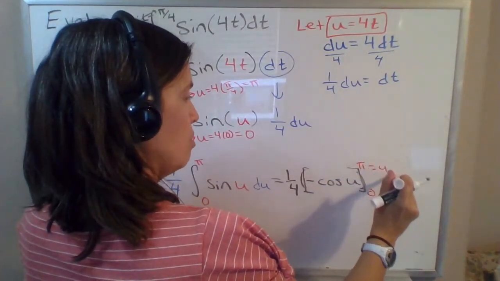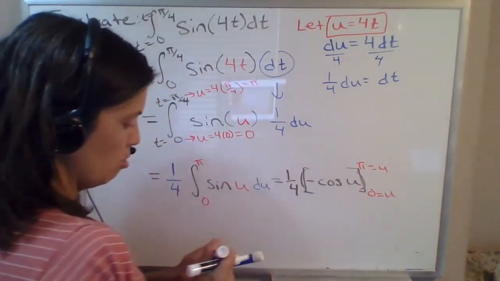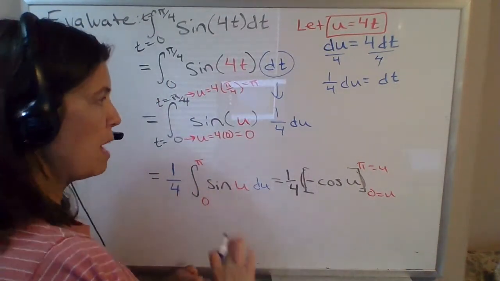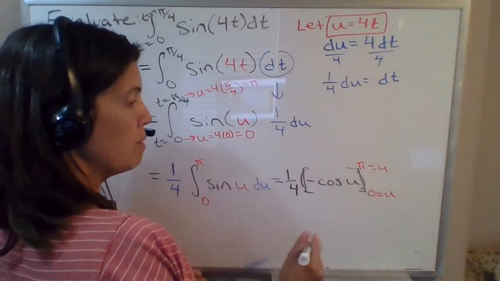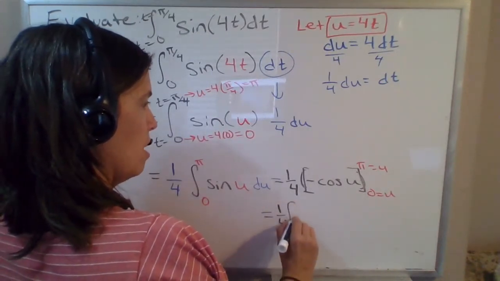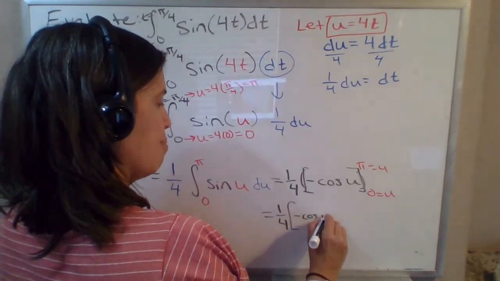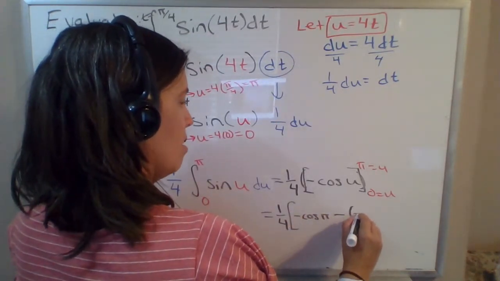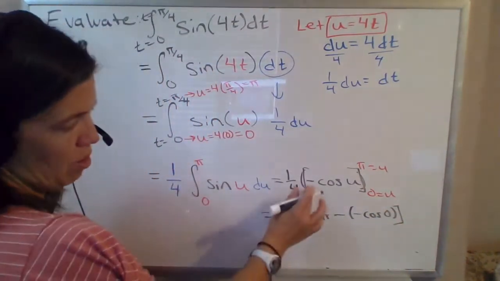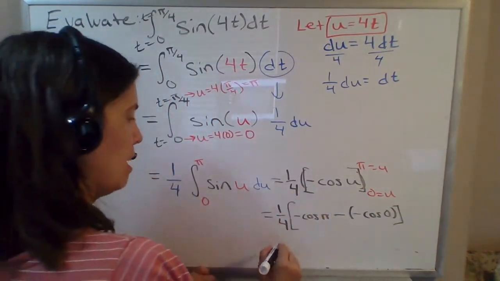And these are values for u, so I can substitute those values into this expression. You don't have to change it back to an expression of t if you change your limits of integration. So this becomes 1/4 times negative cosine of pi minus negative cosine of 0. I could have factored out the negative, but too late now.